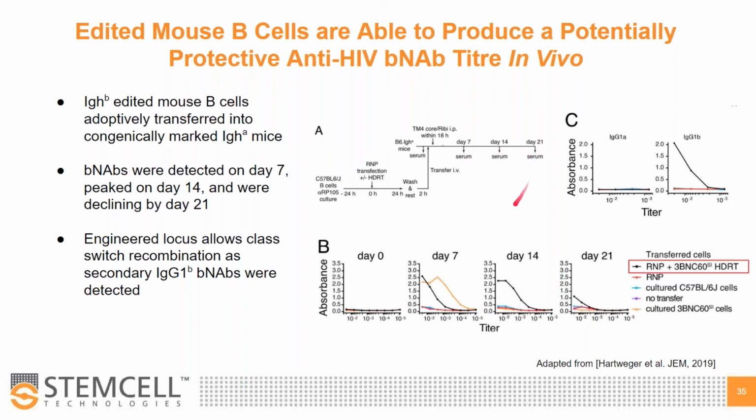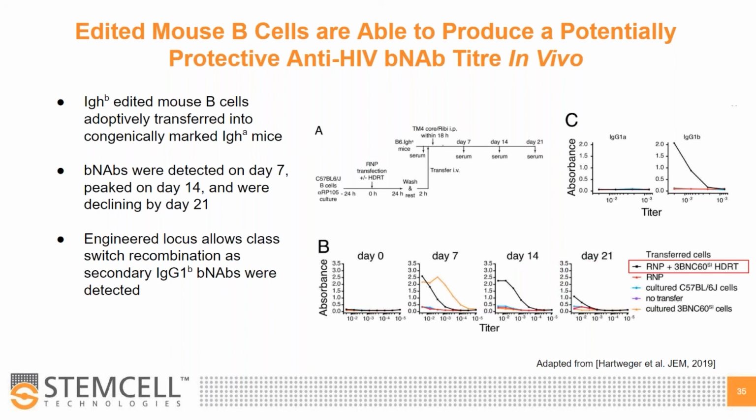They then were able to detect broadly neutralizing antibodies in the serum on day 7, shown here in the black line. These antibodies peaked on day 14 and were declining by day 21, which is consistent with a response to an immunization.